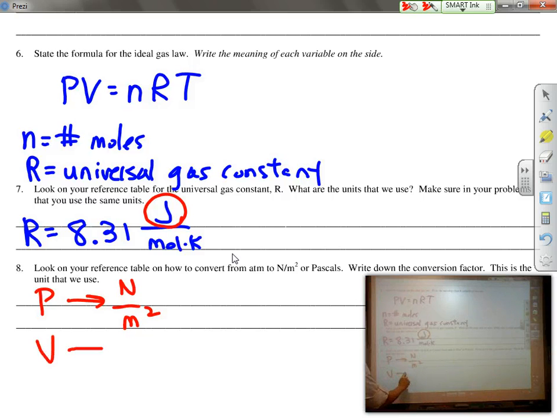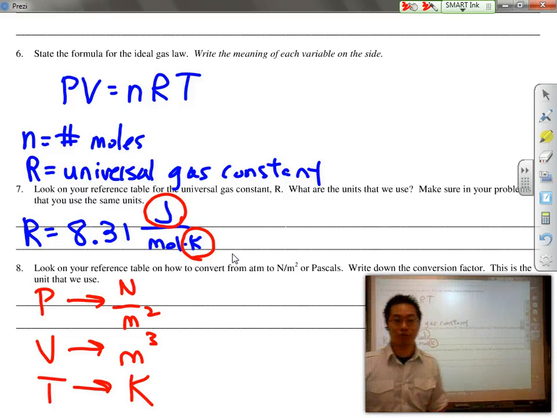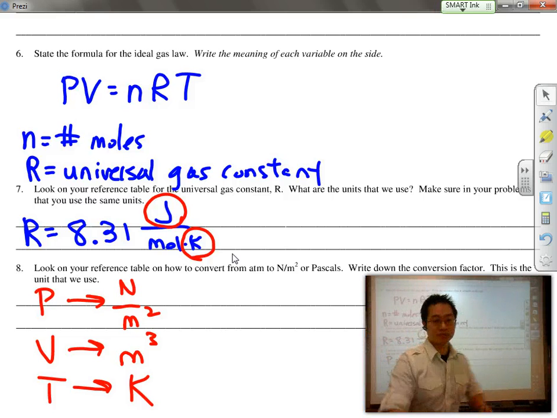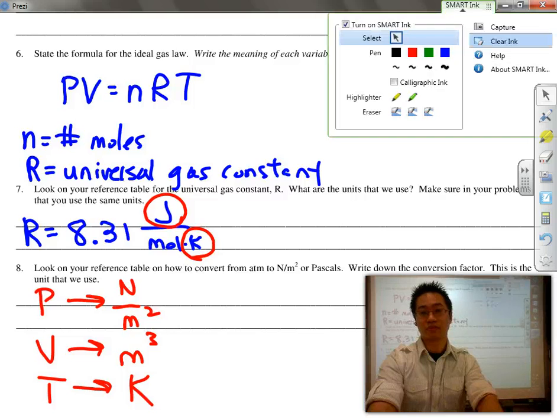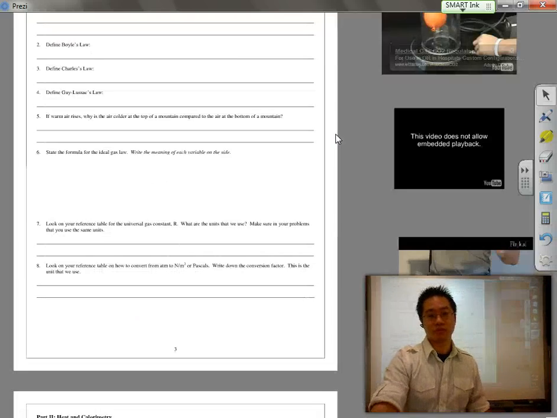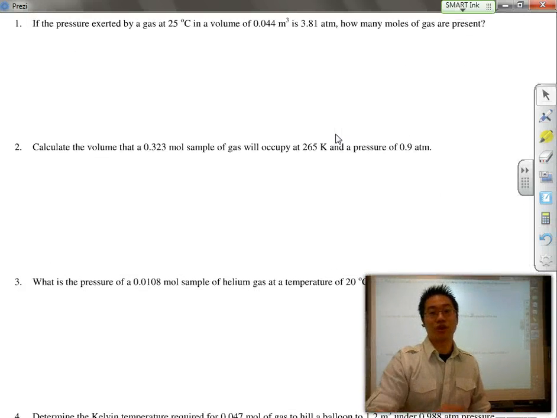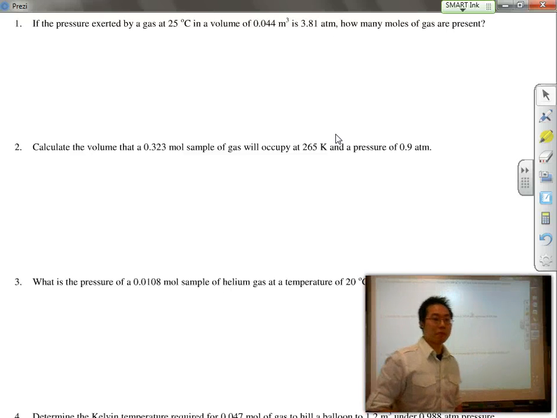Volume is going to be measured in meters cubed. And temperature, because of the Kelvin over here, must be measured in Kelvin when you actually do your problems. And let's try this formula a couple times.